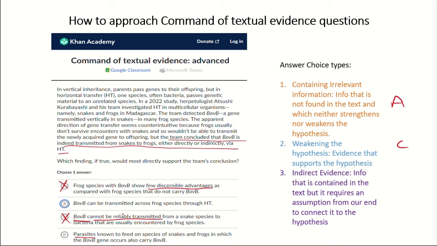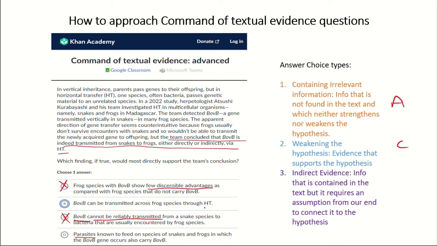But what it does not talk about is who transmits this BOVB. The conclusion is that it's the snakes that transmit the BOVB to frogs, right? Either directly or indirectly. But here, it's not talking about which animal, which species is transmitting to the frog species.